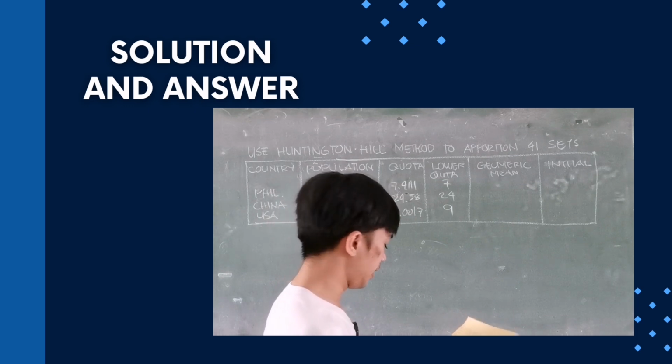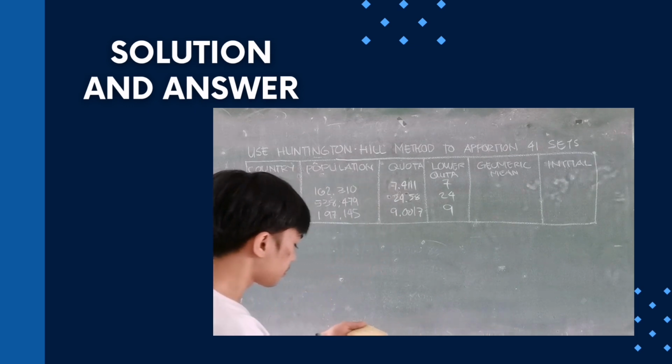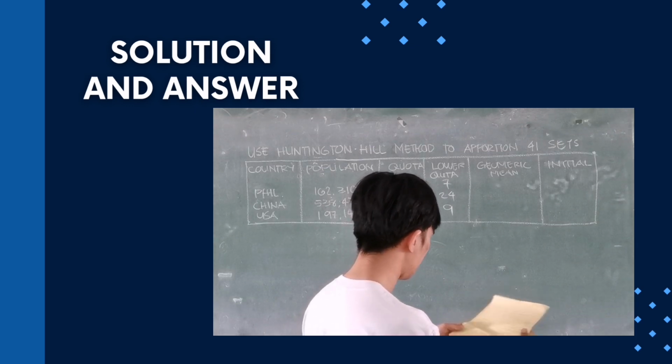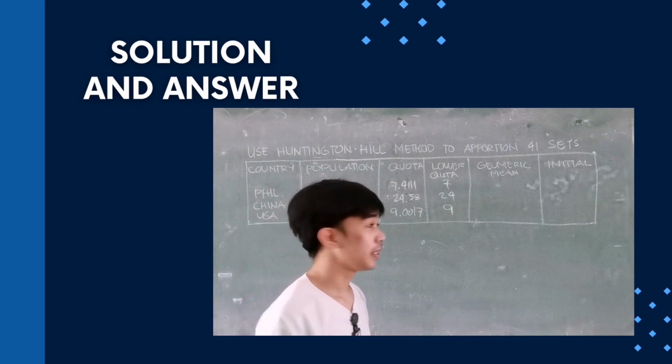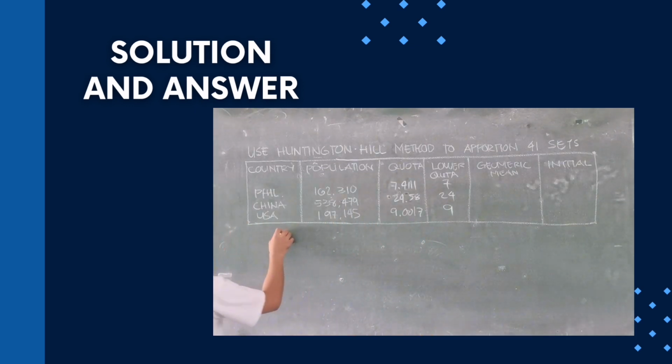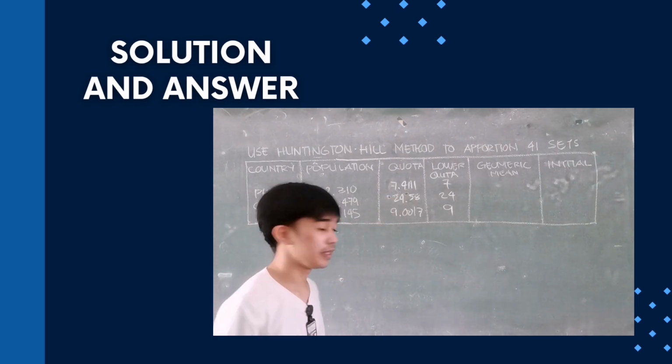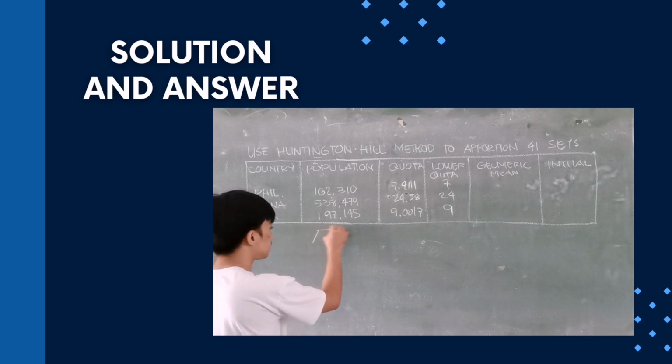So for the geometric mean, we have our formulation to find our geometric mean. n times n plus 1.